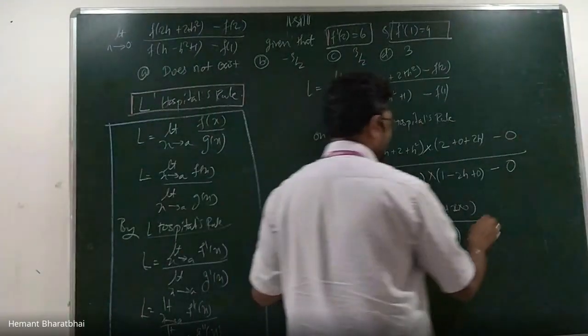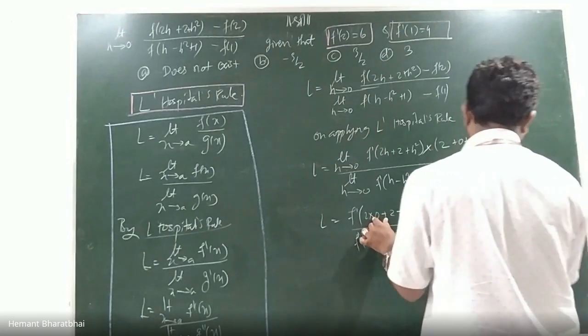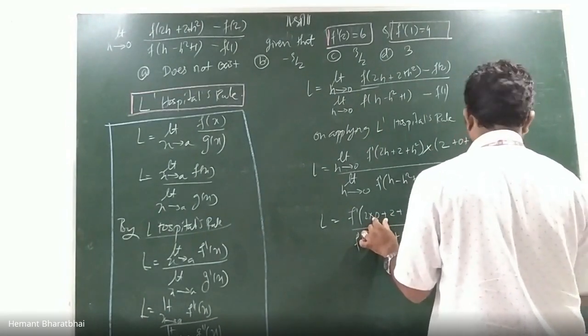So I will get 2 into 0 is 0, so this will become f dash of 0 plus 2 plus 0.